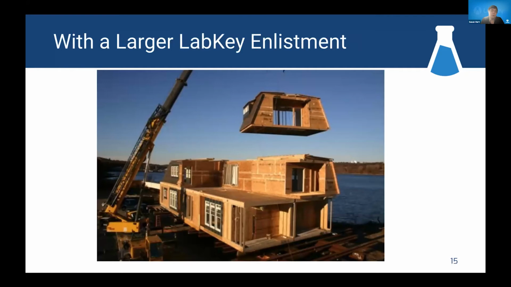What does it look like with a slightly larger LabKey enlistment? In this case, you're still getting the large artifacts delivered to you, but you can see inside a little more.